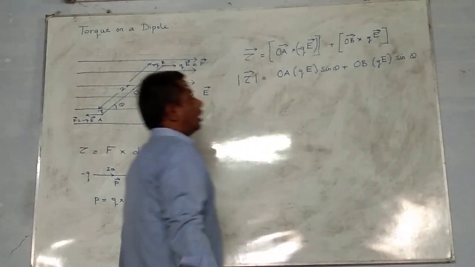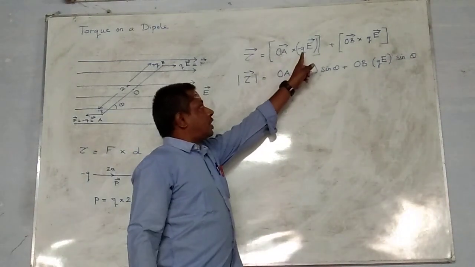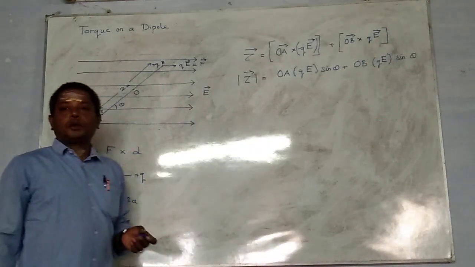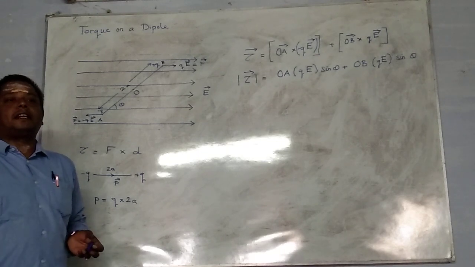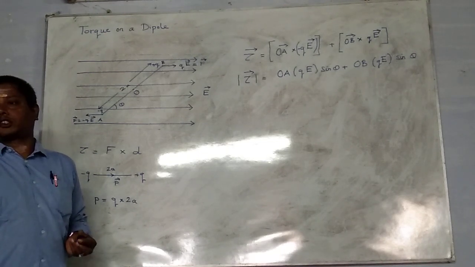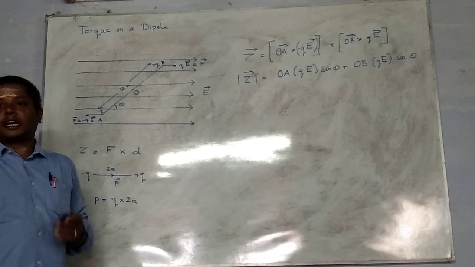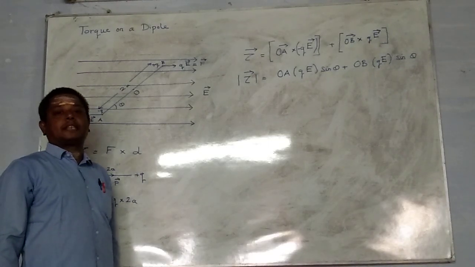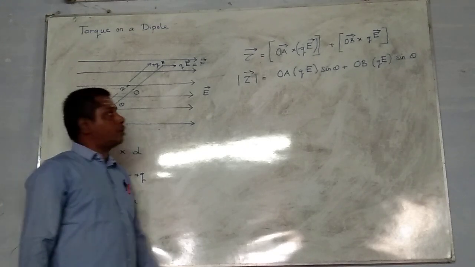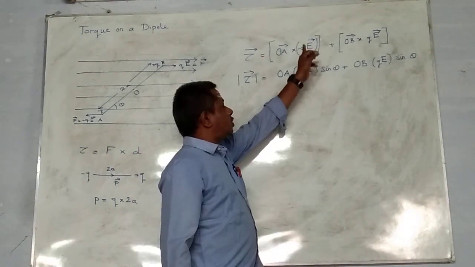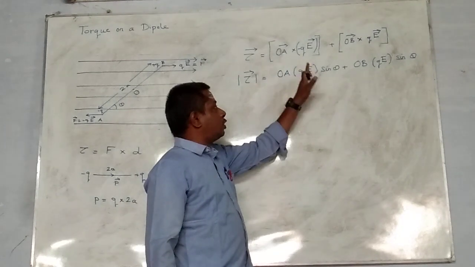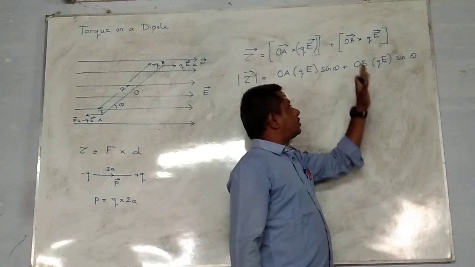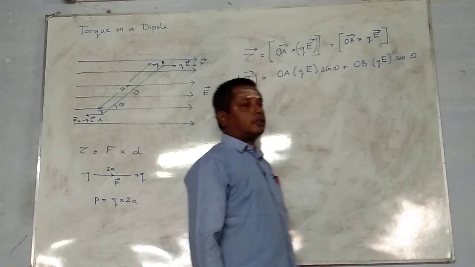The cross product of two vectors is equal to the product of the magnitudes of the two vectors and the sine of the angle between them. You studied this in 11th standard: A vector cross B vector is equal to AB sin theta. OA vector cross minus Q into E vector means OA into QE into sin theta. OB vector cross QE vector means OB into QE into sin theta.